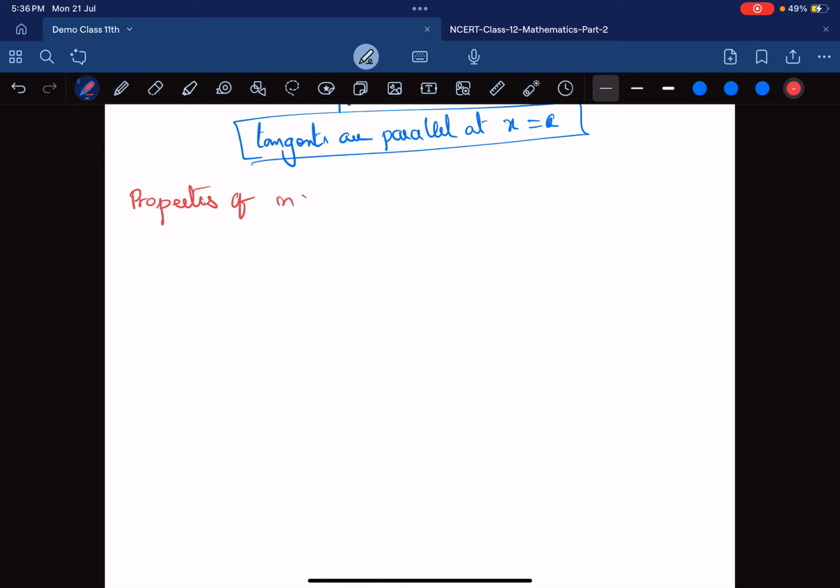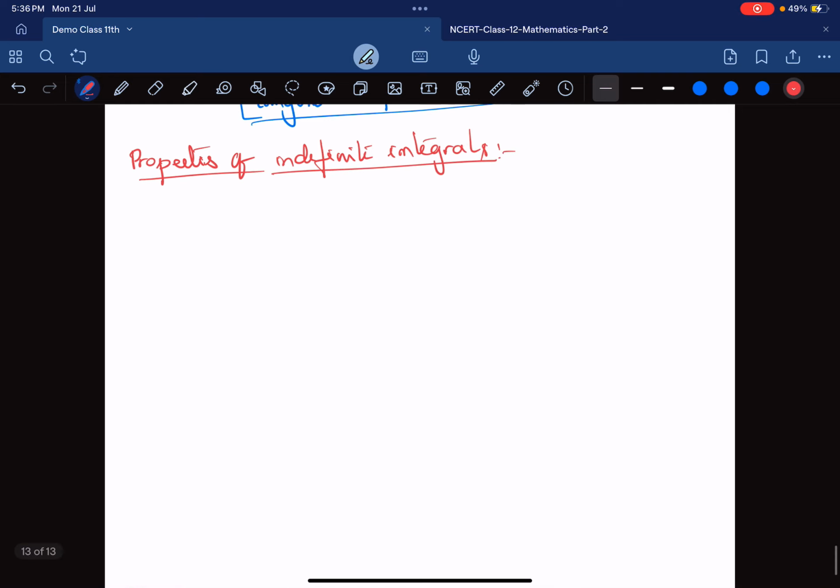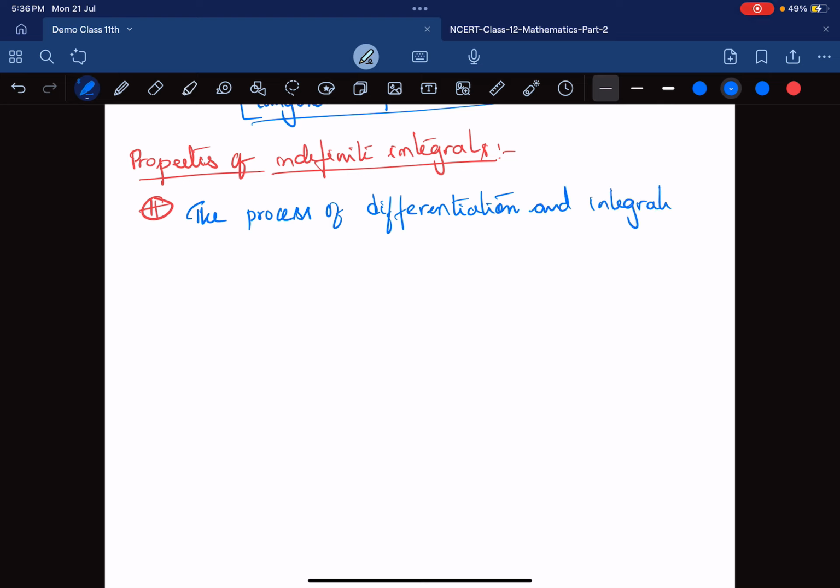Now let's discuss some properties of indefinite integrals. The first one is that the processes of differentiation and integration are inverse of each other.